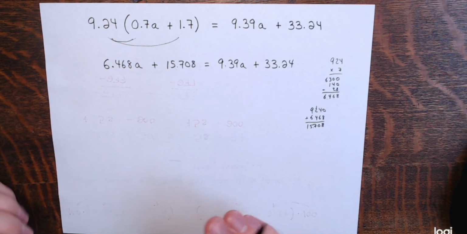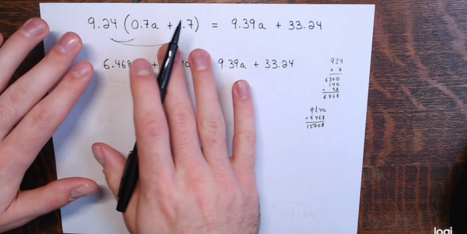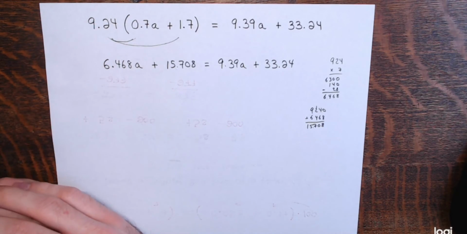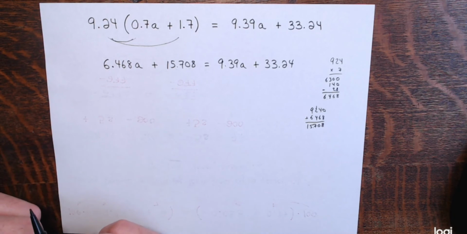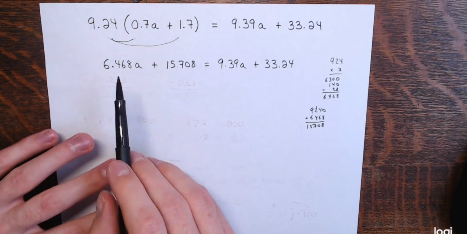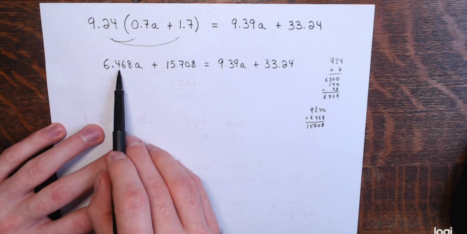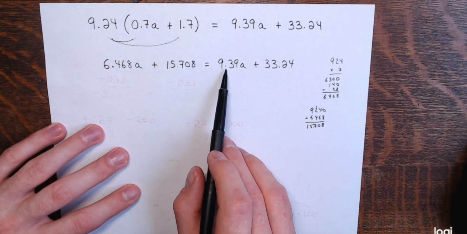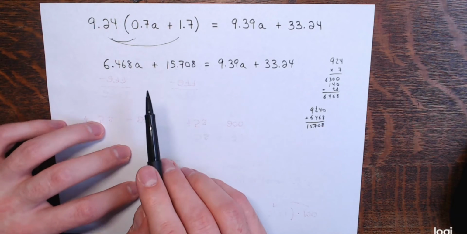Alright, so now that I've cleared the parentheses first, the distributive property has been performed. Now I will clear the decimals. Do you see these first two numbers? You need to move the decimal place to the right 3 places to get rid of them. Here it's only 2 and 2, but 3 is the highest number.